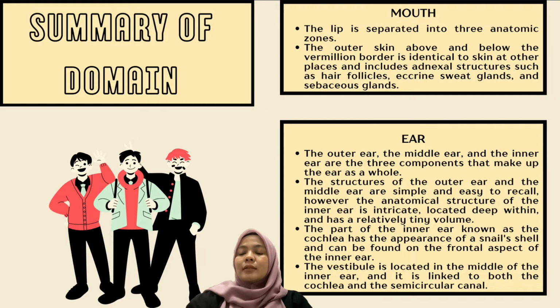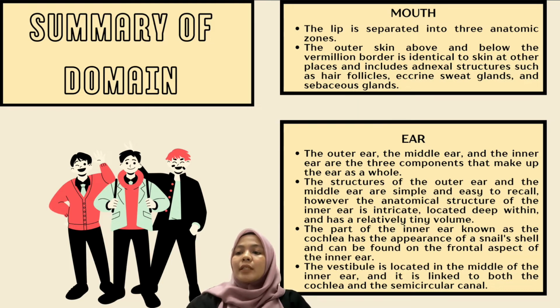Next is ear. The outer ear, middle ear, and inner ear are the 3 components that make up the ear as a whole. The structures of the outer ear and the middle ear are simple and easy to recall. However, the anatomical structure of the inner ear is intricate, located deep within, and has a relatively tiny volume.